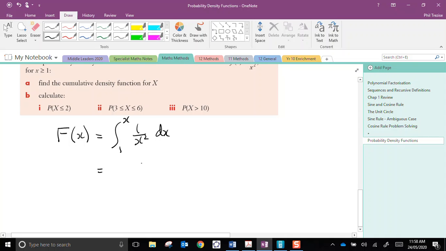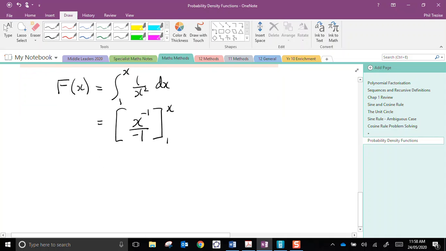Well, that's really x to the minus 2. So increasing the power from minus 2 is minus 1 over minus 1. And our limits were x and 1.